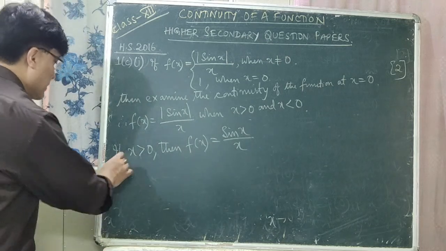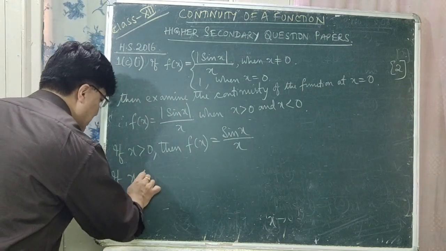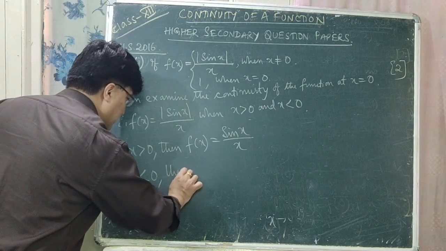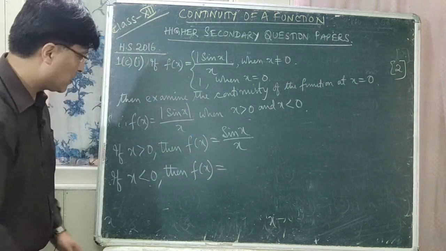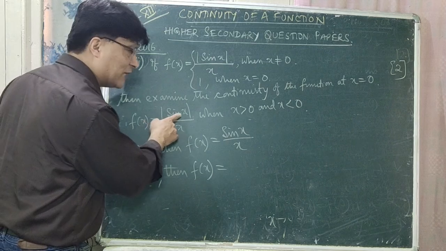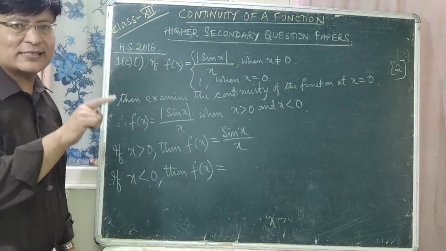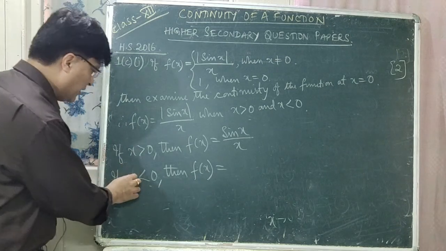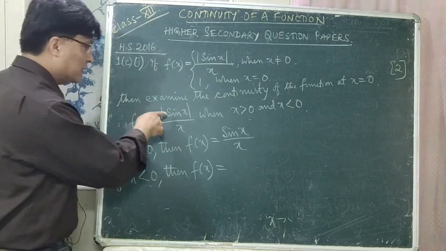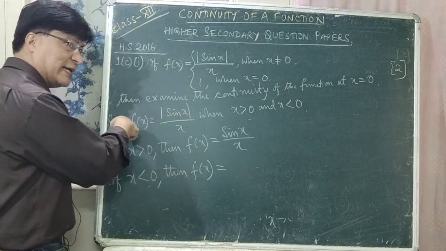Is that clear? Next, if x is less than 0, then what is the value for f of x in this case? X is less than 0 means sign of negative number. What is sin of minus x? Minus sin x, isn't it? So if x is less than 0, then sin of minus x is negative sin x.